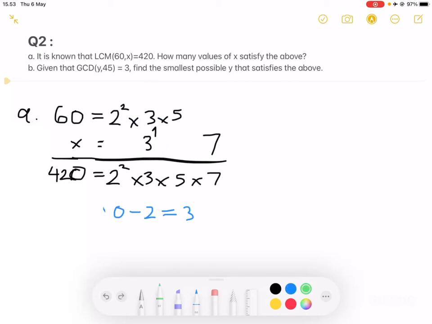So from the factor of 3, we have the possible power values to be 0 and 1. Therefore, we have 2 ways. Finally, for the power of 5.